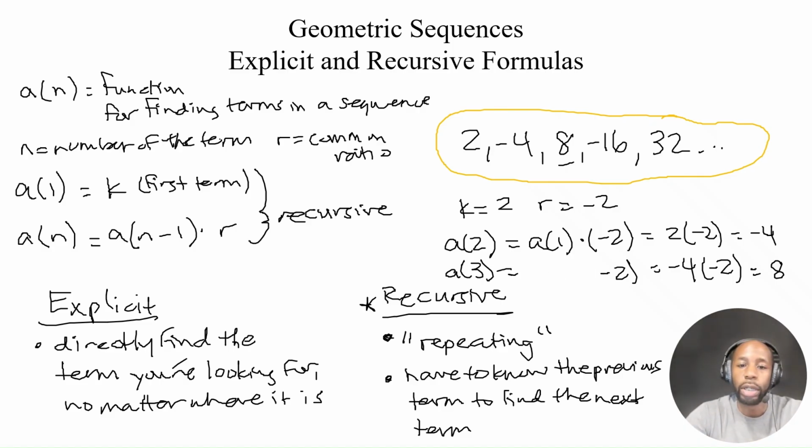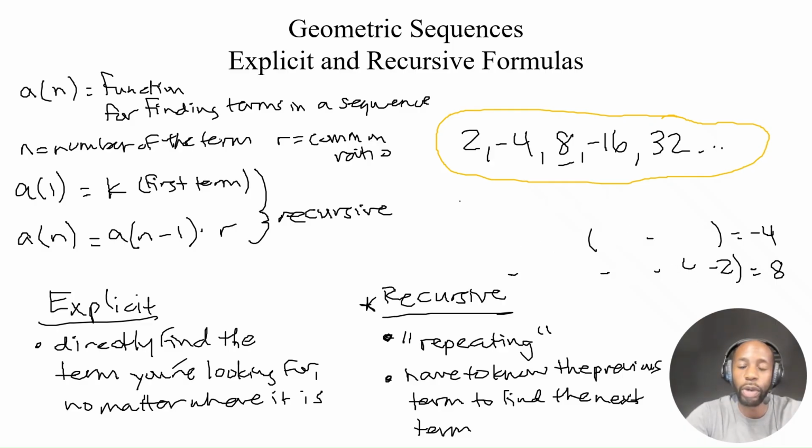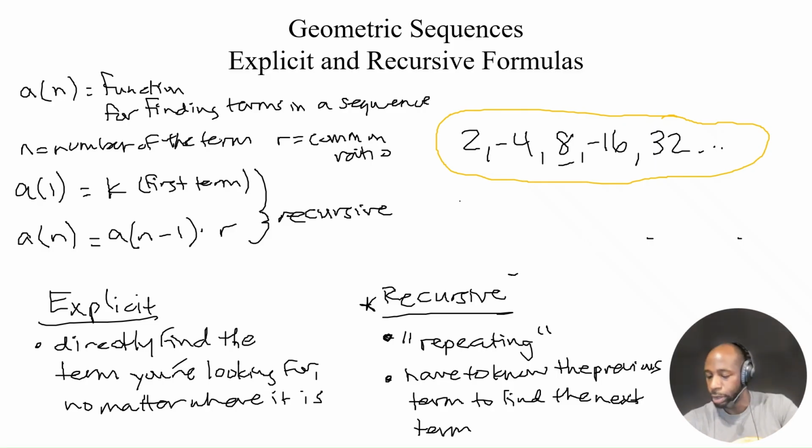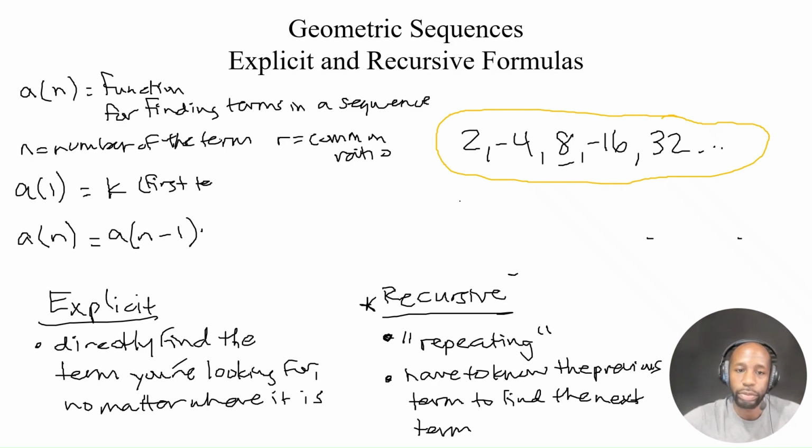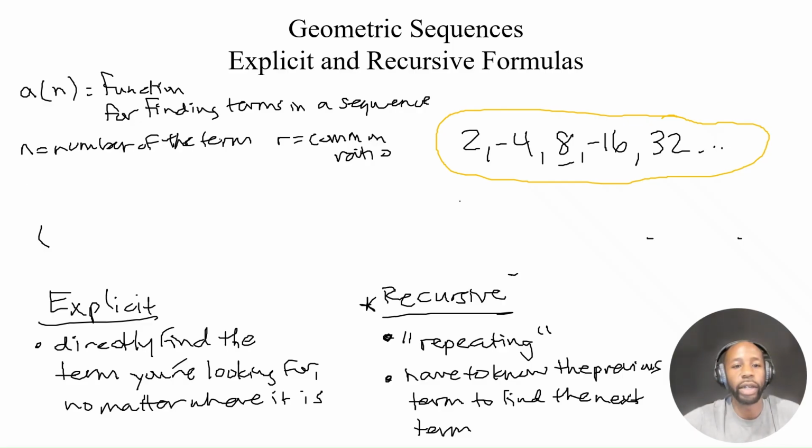Now, let's erase this stuff here. Hopefully you took notes. If you didn't, you can always rewind the video. Let's talk about the explicit formula, using the same set of data.